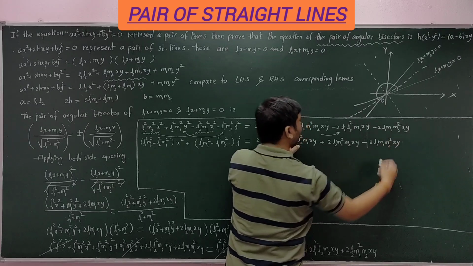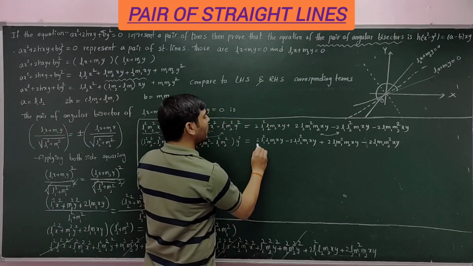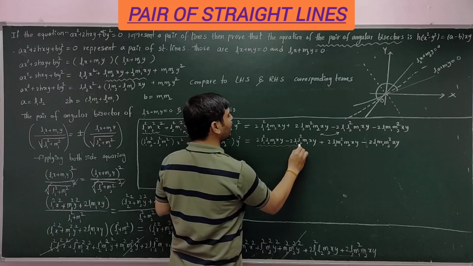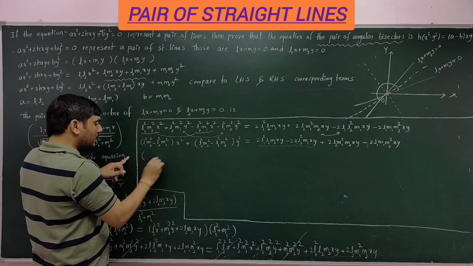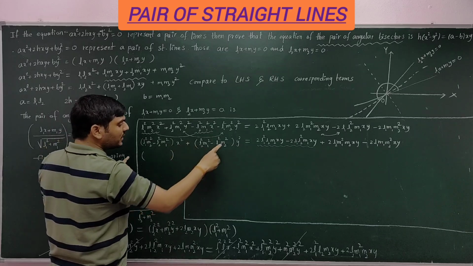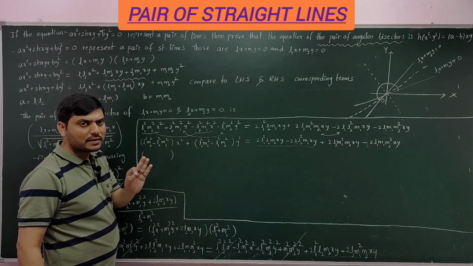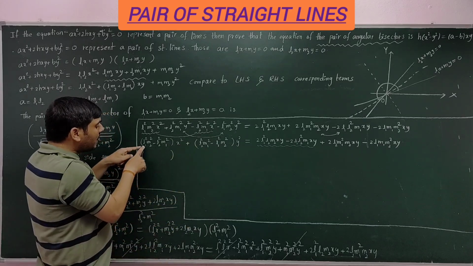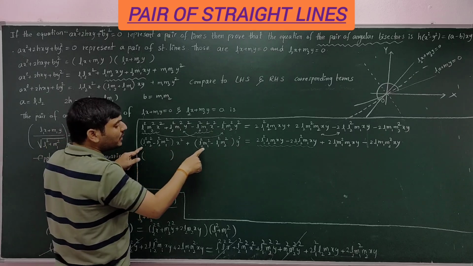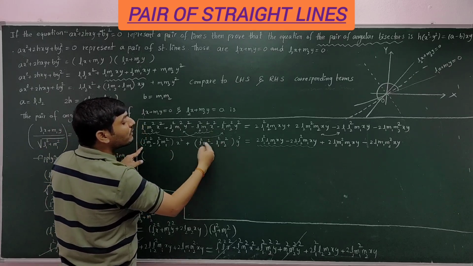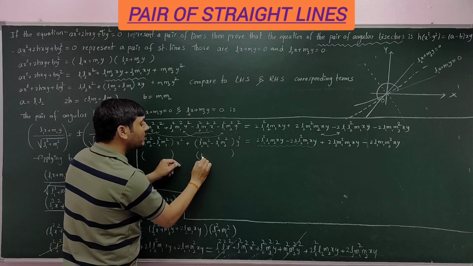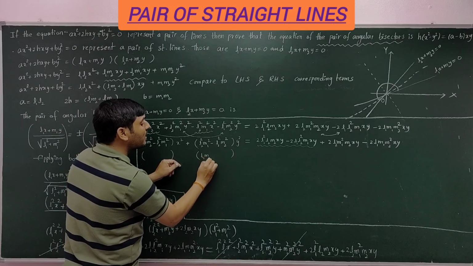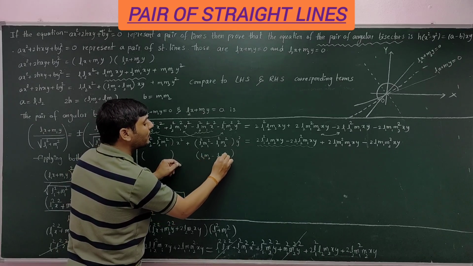Now what is the common term of this concept? Listen here, the terms inside are almost 99% the same: l1 m2 and l2 m1, but here they are in reverse order. That reverse order you write in the same order, l1 m2 minus l2 m1.